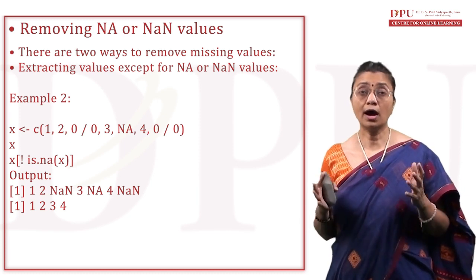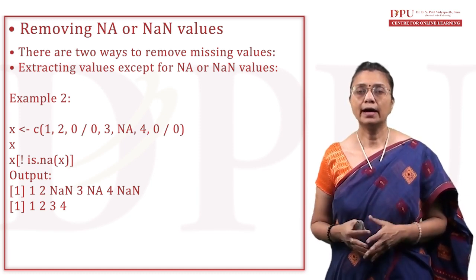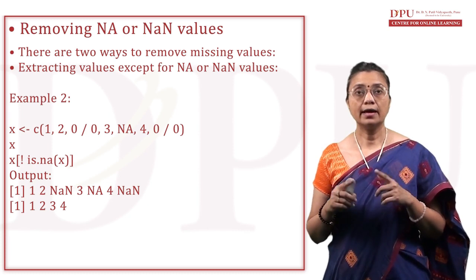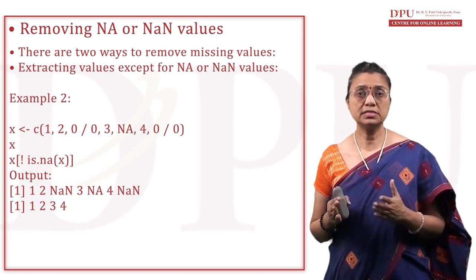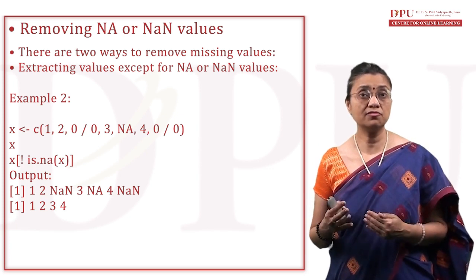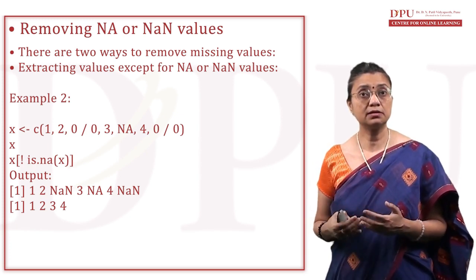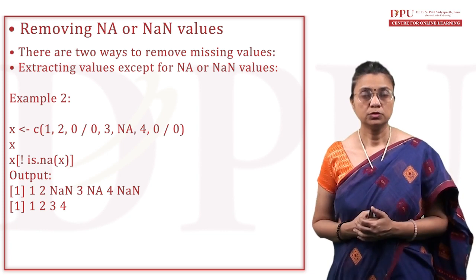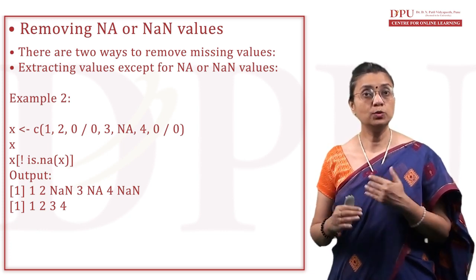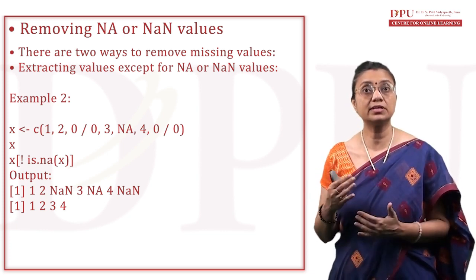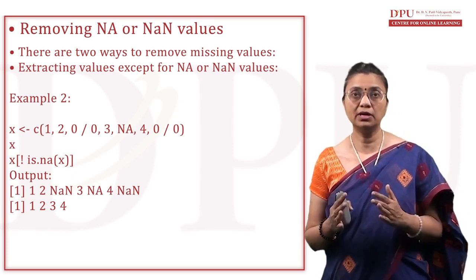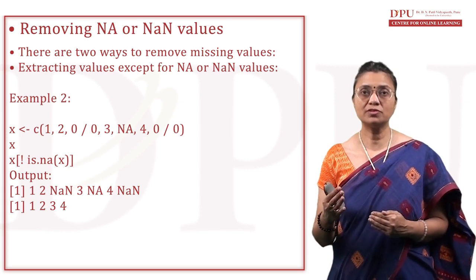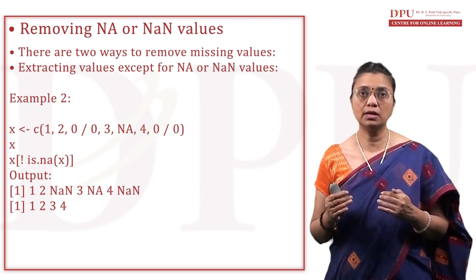And now how am I printing my value? I'm just using X, and within the square brackets I am writing !is.na(X). The is.na function returns true if the value is not available. So is.na returns true and I negate it, which means X applies a filter on the reverse of is.na, and it will return only false.